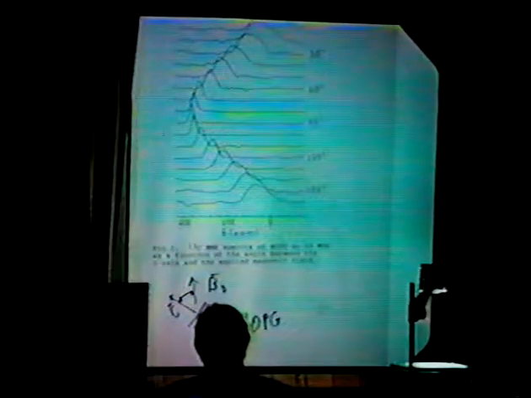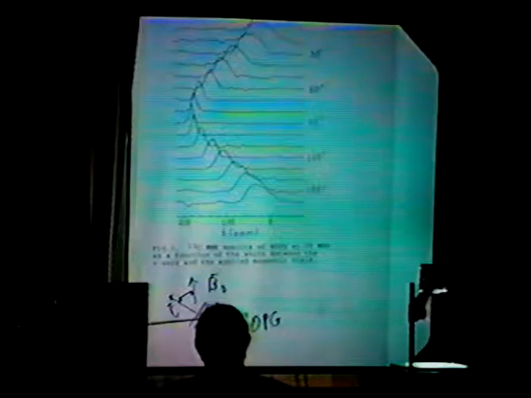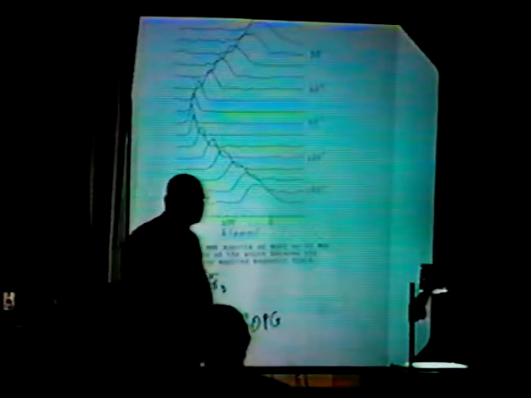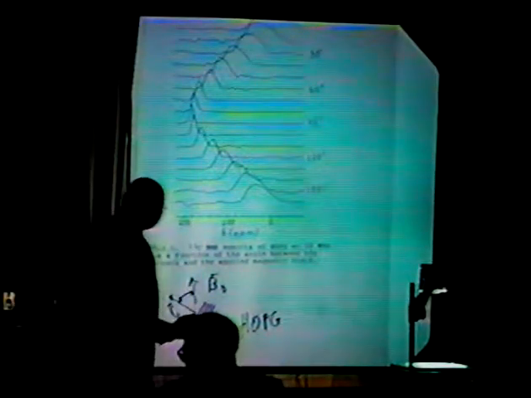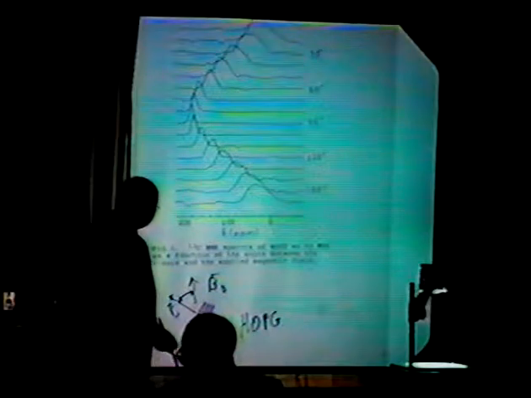So we're concerned in this experiment with the orientation of the plane normals with respect to our magnetic field. This is essentially a single crystal experiment. And we can measure the chemical shift as a function of this angle.